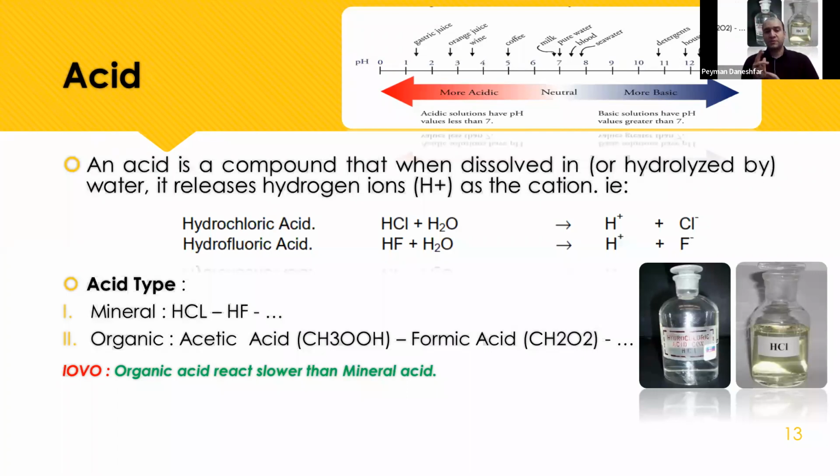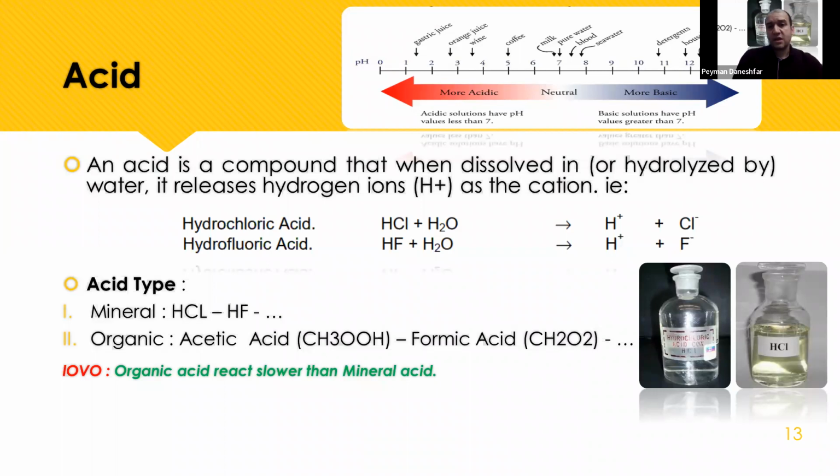So we have some acids, two famous types of acid: mineral and organic acid. Mineral acids are like HCl and HF, and organic acids are like acetic and formic acid. Organic acid reacts slower than mineral acid. Remember, organic acid reacts slower than mineral acid.